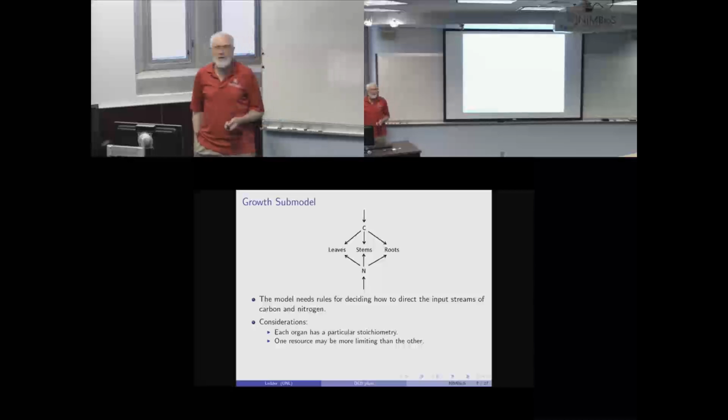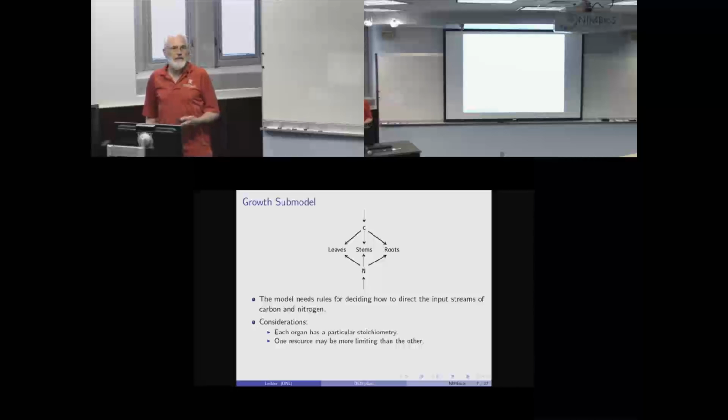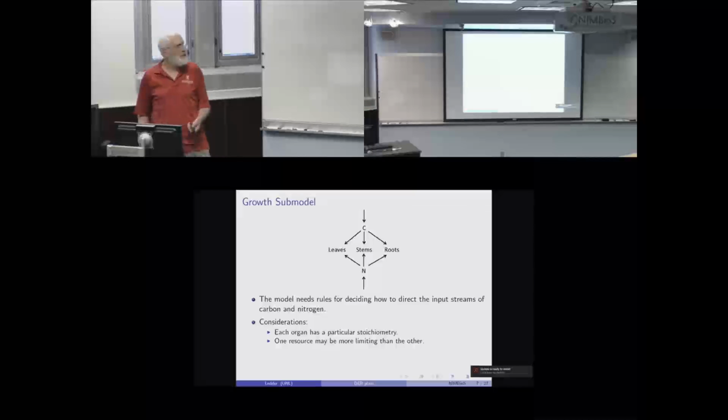One resource may be more limiting than the other. If things are in stasis, if the environment hasn't changed a lot recently, you can expect that plants will operate so that the two resources are equally limiting. If you're living in a low nitrogen environment, then you build more roots so that the nitrogen is not more limiting than carbon.